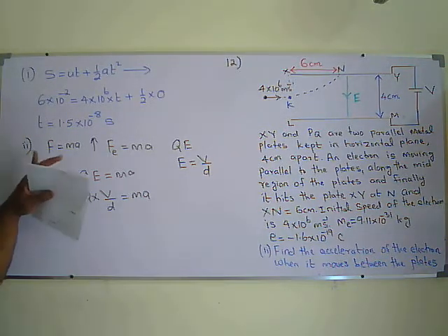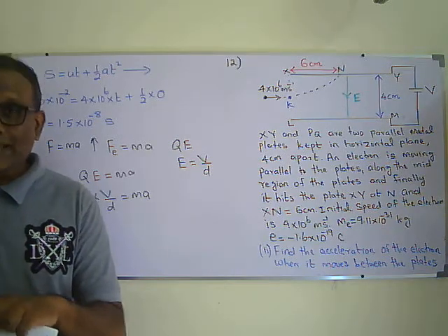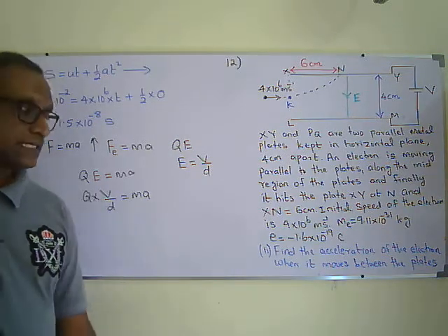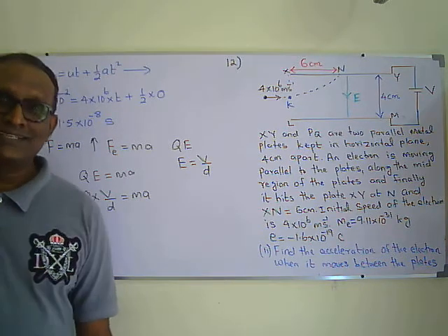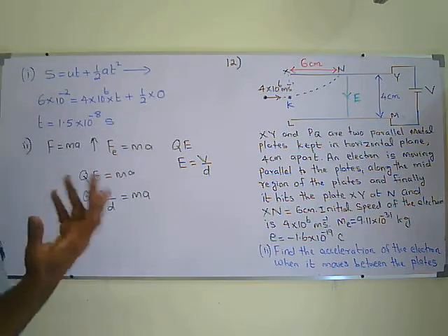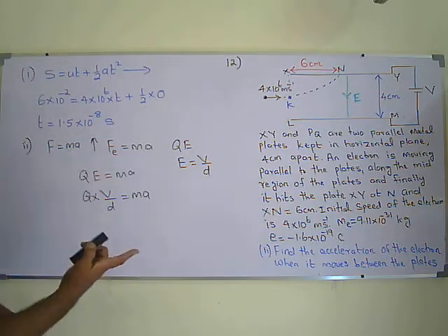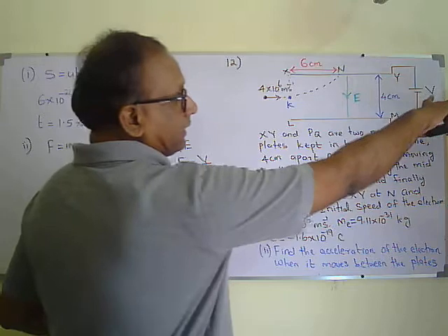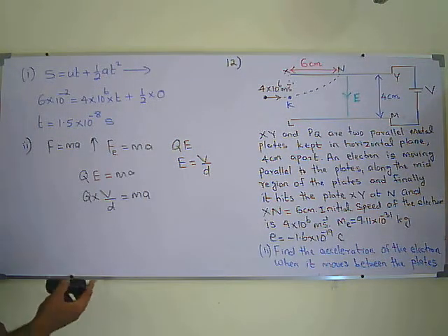There's nothing wrong with this method in terms of physics principles, you are right, but you won't get marks because you won't get the answer. The V is not given, so no point continuing this method.